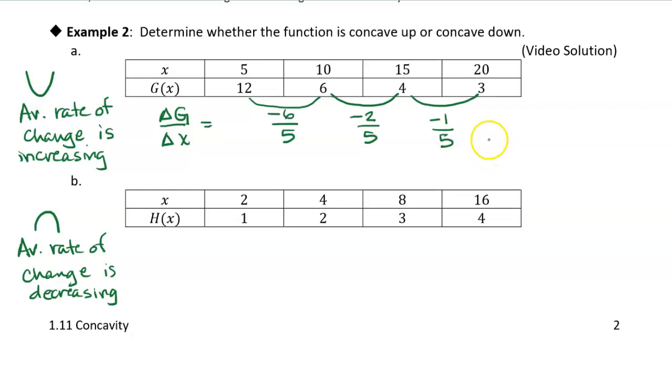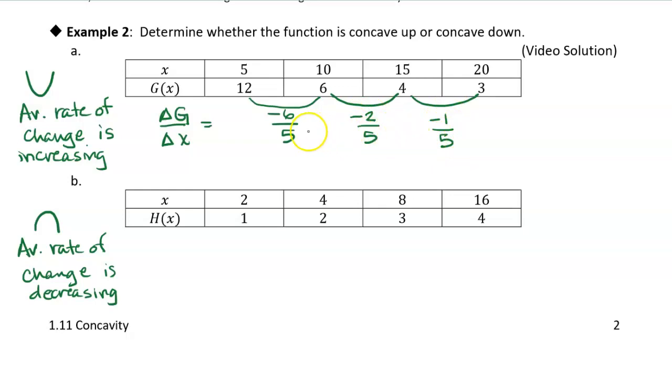So we just have to ask ourselves, is the rate of change increasing or decreasing? Which is less? Negative 6/5 is less than negative 2/5, which is less than negative 1/5.